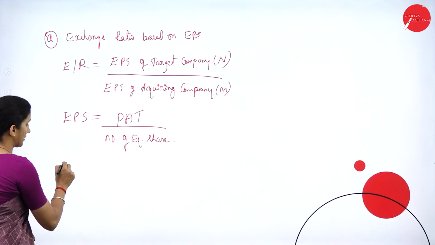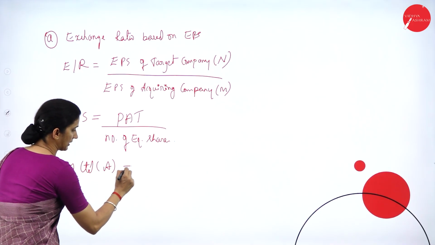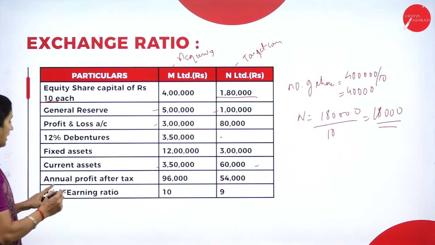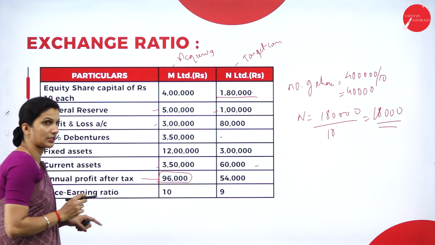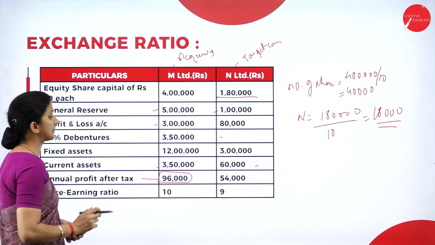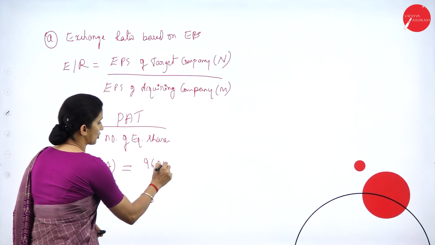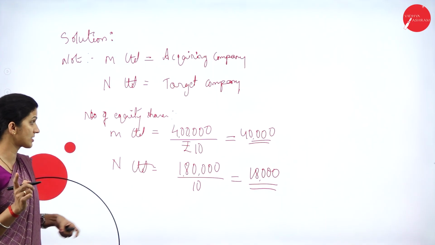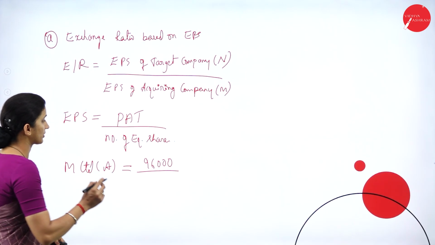Now we'll calculate for M Limited, the acquiring company. For the EPS calculation, your PAT for M Limited is 96,000, divided by number of equity shares, which we have calculated: the number of equity shares for M Limited is 40,000.